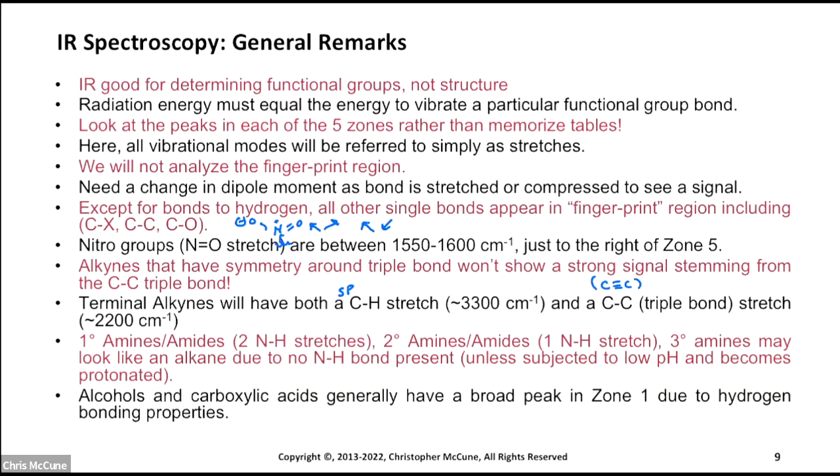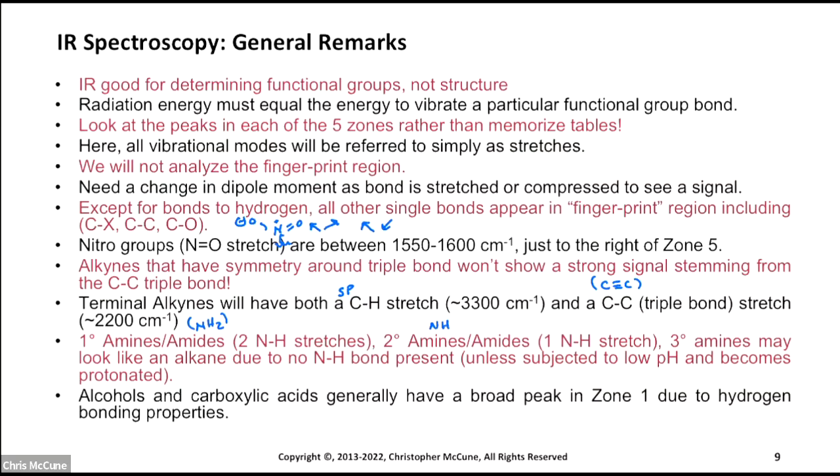Amines or amides, I'll just talk about amines, primary amines. So these have an NH2 group. So primary has an NH2 group, while secondary only has one NH attached, so one NH bond. So primary amines are going to show two stretches in zone 1.